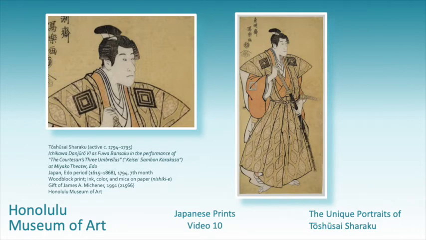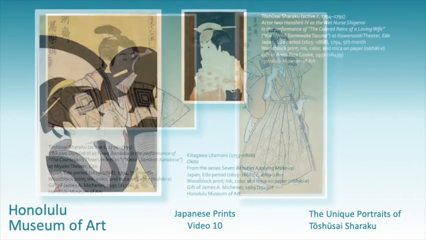Sharaku was an enigmatic character in the history of Japanese art because the more than 140 images by him were produced within a span of only 10 months, and little information about the artist can be found either before or after that time period. The name Sharaku, literally he who likes to copy, was clearly the pseudonym of another artist.